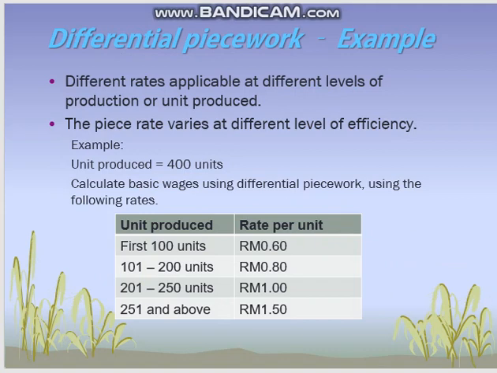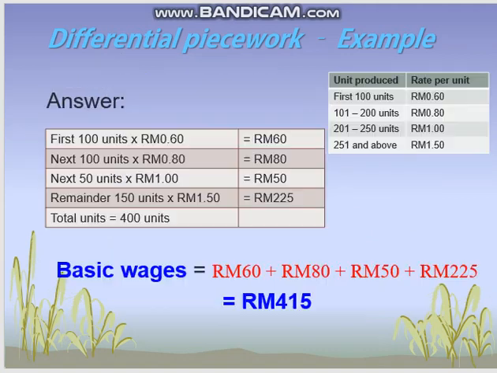Now we move on to the next one: how to calculate the salary or the wages. Have a look here. Since the employee produced 400 units, we have to split according to the level. The first 100 is multiplied by 60 cents.